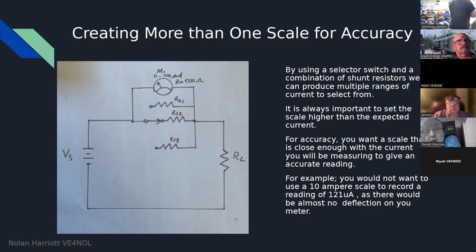It's always important to select a scale higher than what your expected current is, so you don't burn out your meter. And for accuracy, you want to keep that scale as close to what you're actually reading as possible. So usually start out a little higher and work your way lower. For example, you wouldn't want to use the 10 amp scale to measure a reading of 121 microamps, because you're not going to see any deflection on your meter.